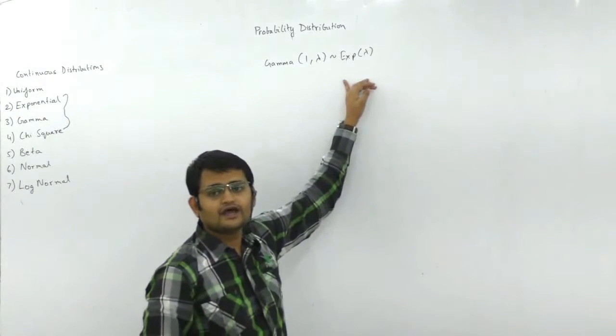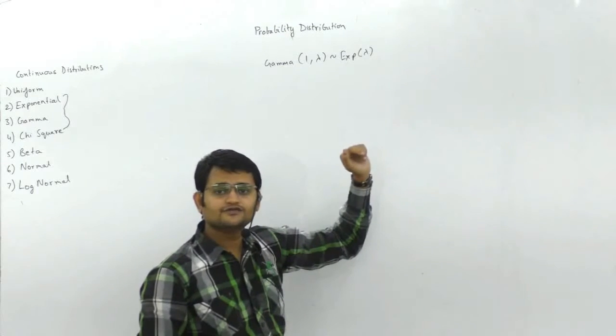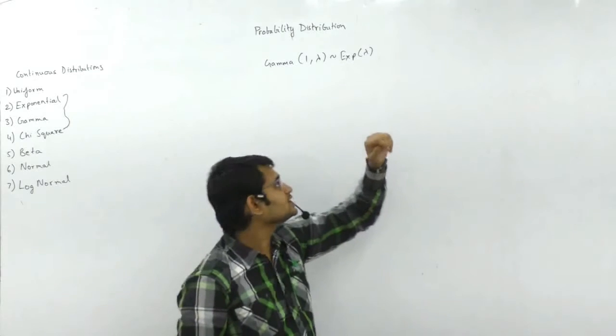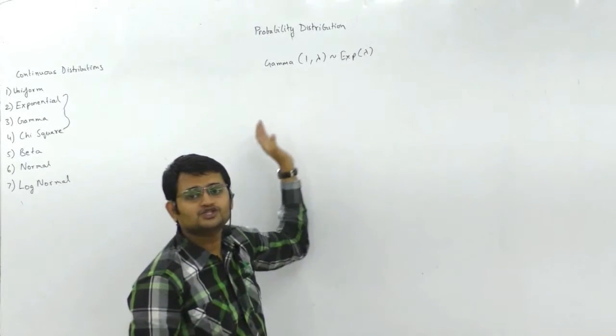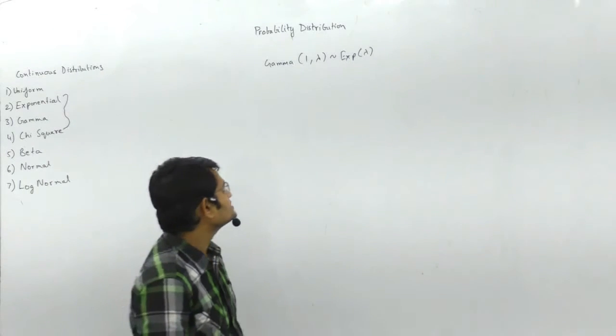You can check that by putting alpha equal to 1 in your probability density function. You'll get the probability density function of exponential distribution, and you can also check the expected value and the variance, and you will find them to be the same.